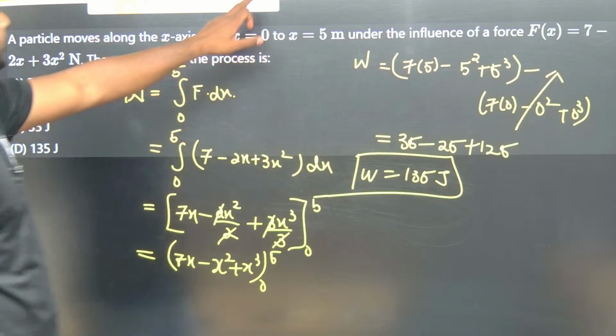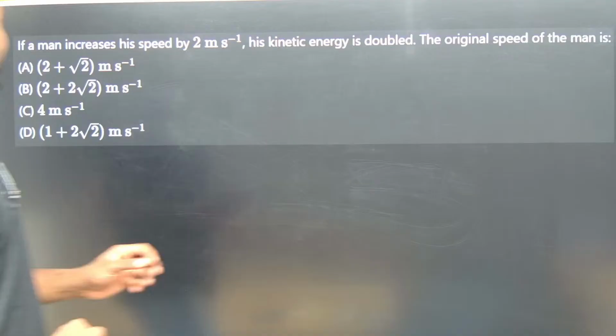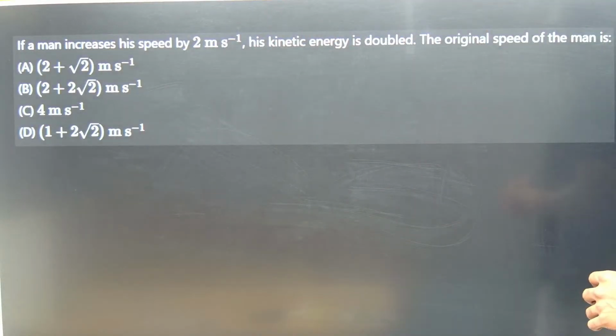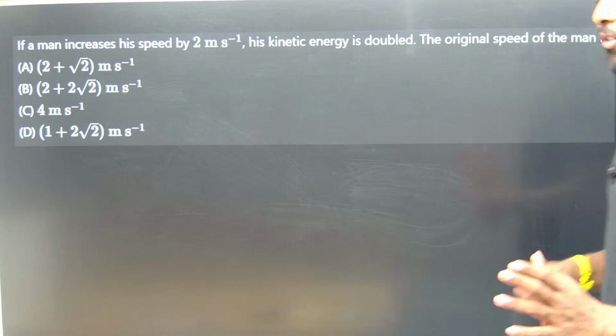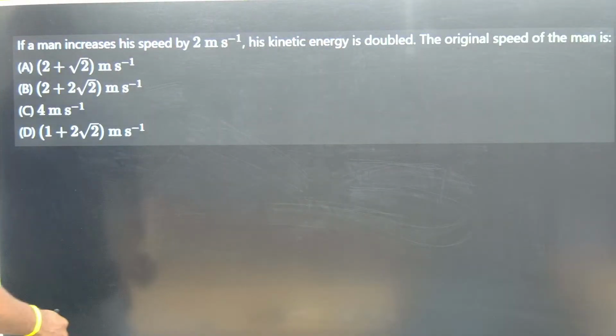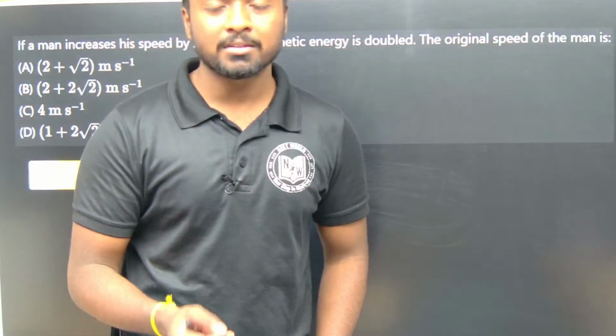The next question is, if a man increases his speed by 2 meter per second, his kinetic energy is doubled. The original speed of the man is, okay, original speed of the man means I need to find the value of v. If a man is moving, kinetic energy will be there. Kinetic energy formula is half mv square.